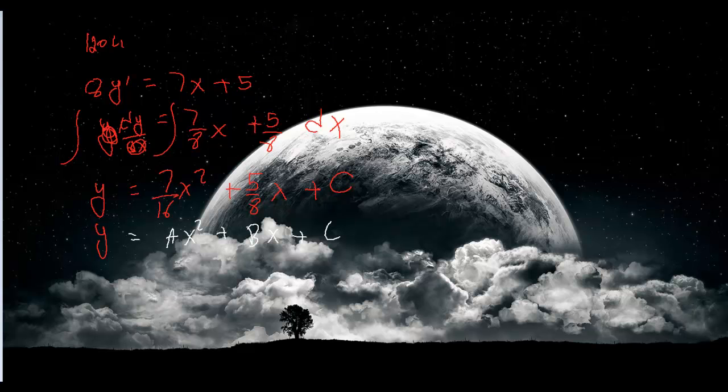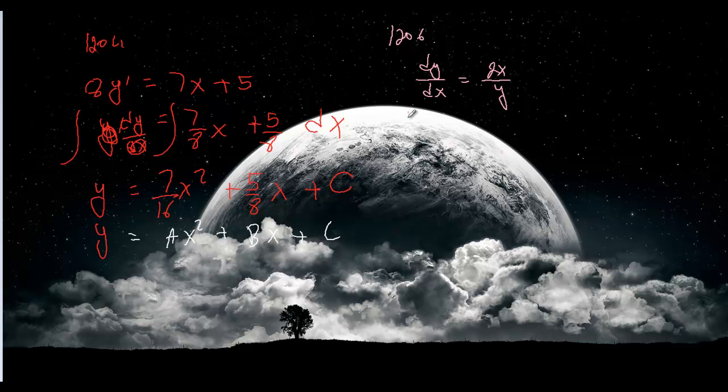Okay, let's keep going. Let's do one more. This would be problem 1206. And 1206 says dy dx is equal to 2x over y. So let's just get this y out of the way and bring it to the left hand side.